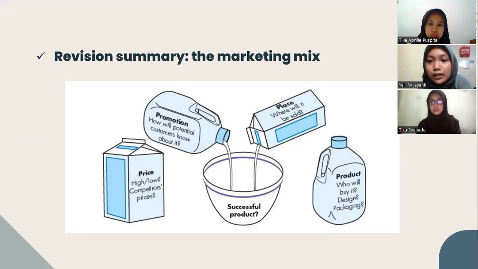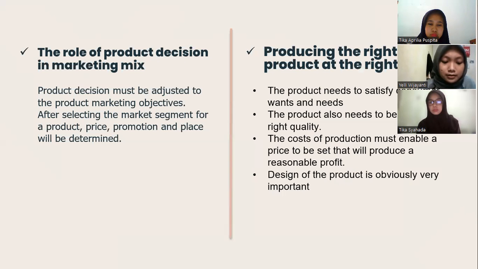And the last one is product: who will buy it, who will design it, and who will package it? In this picture, how to be a successful product, we need two important things, that is promotion and place. Next.